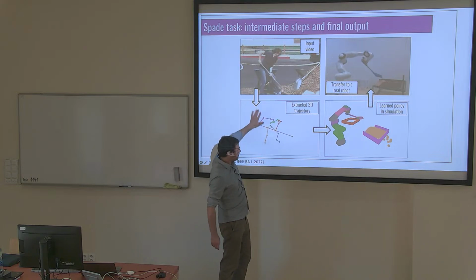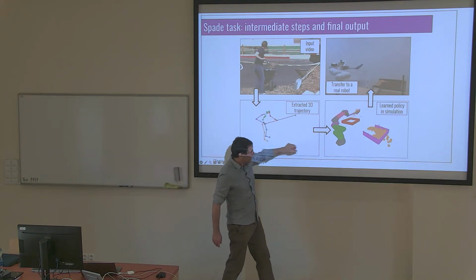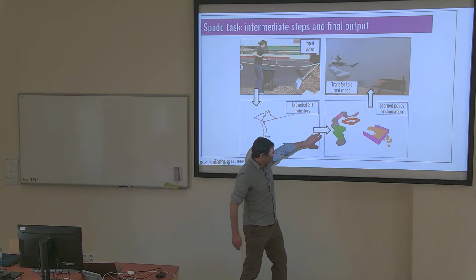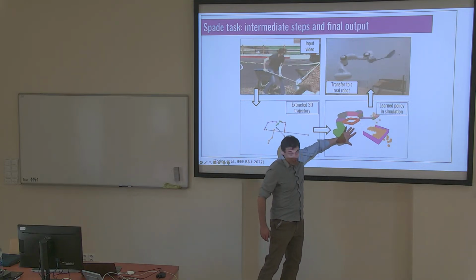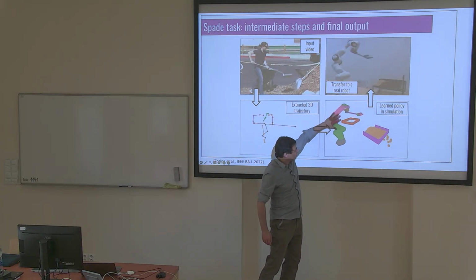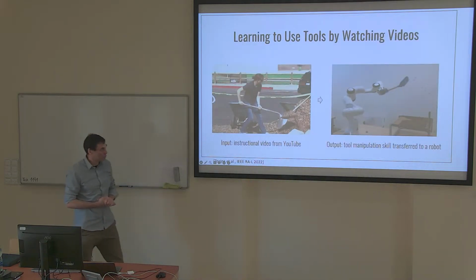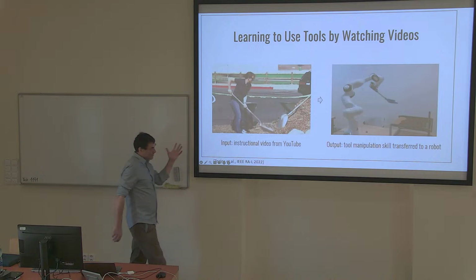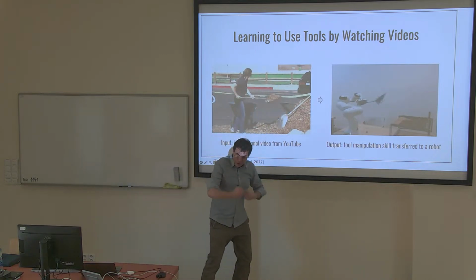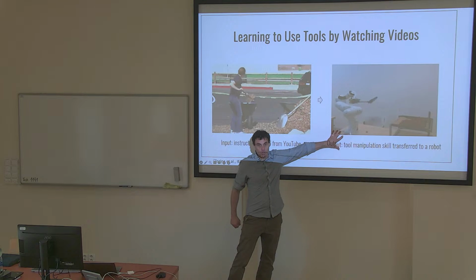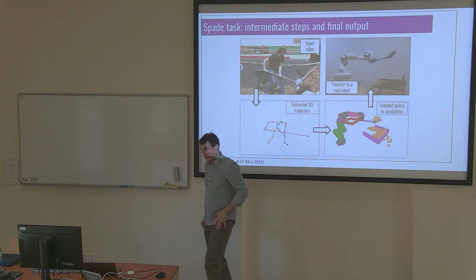Then we actually forget the person, only use the motion of the tool, and use it to initialize the motion in the simulated environment, and then compute the robot motion in order to approximate the motion of the tool. So it's possible to use computer vision to process this video and transfer the motion onto the robot, like this.